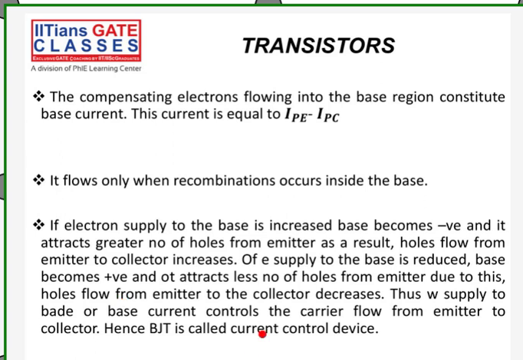So total started minus total received, that will be the base current, a small current. So I can write IB is equal to IPE minus IPC, and this is the recombination current.